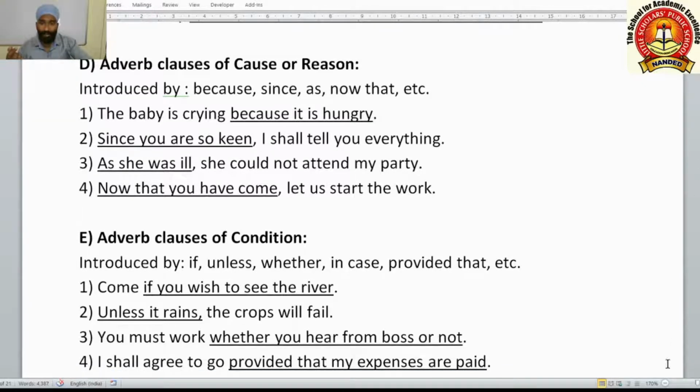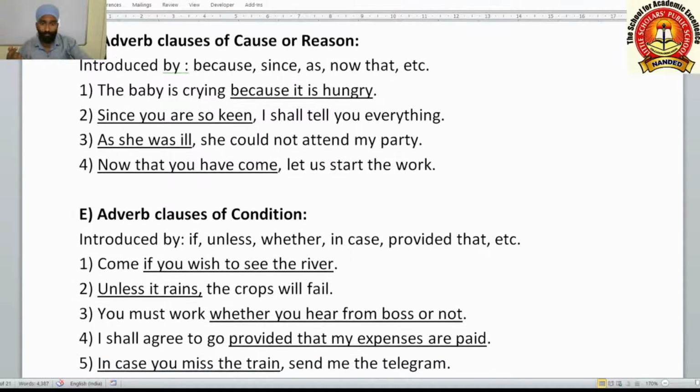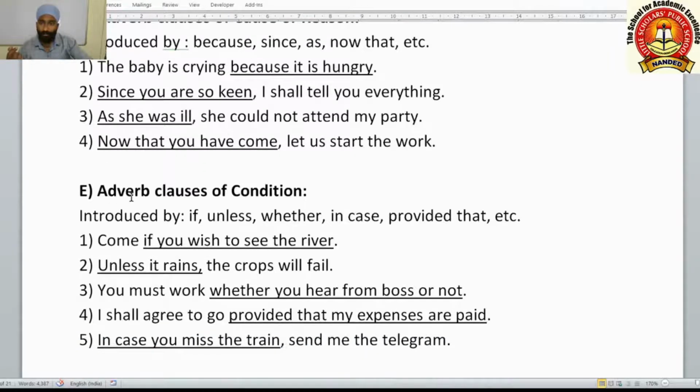Now after that, adverb clauses of condition. In condition, some situation is given, some term is given, and it should be fulfilled. So that we are going to understand. Come if you wish to see the river. If you wish to see the river, this is a condition. These if and unless we have learnt earlier, and their interchange we have learnt.